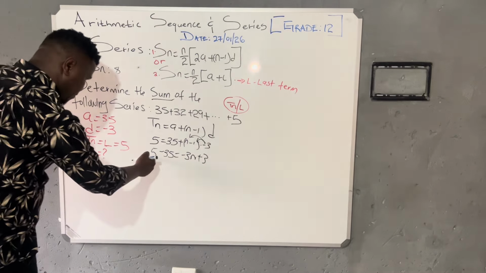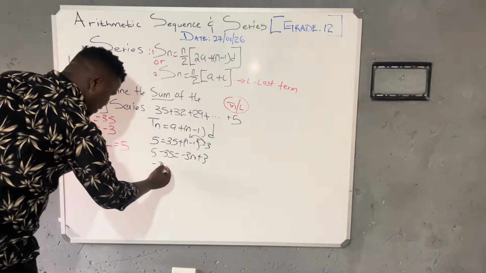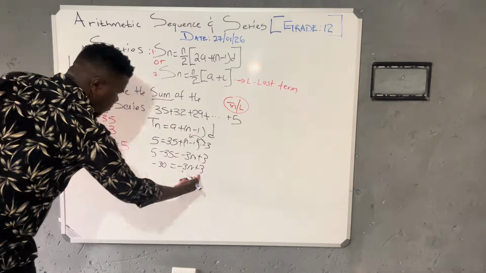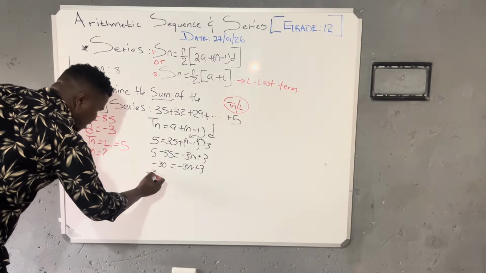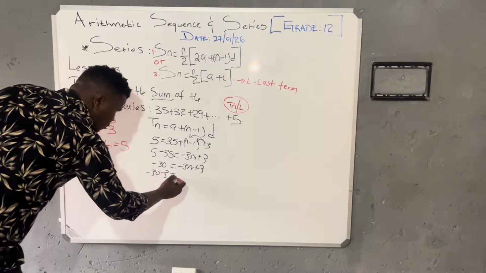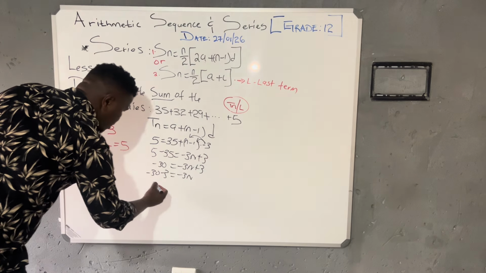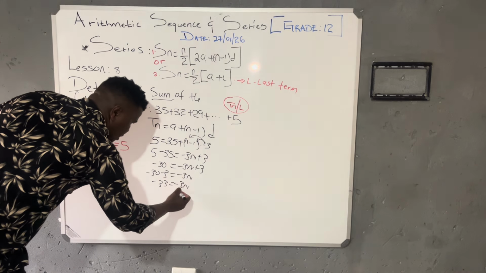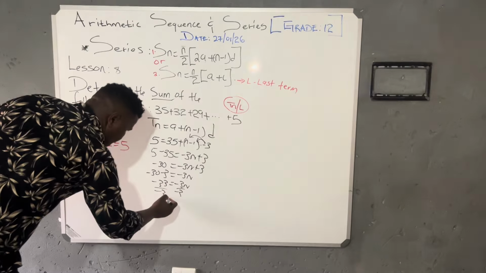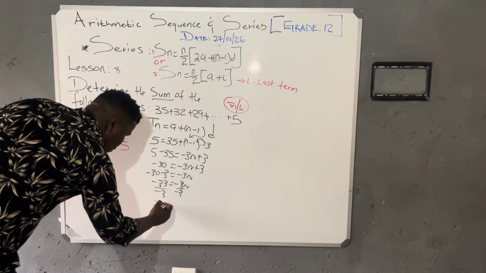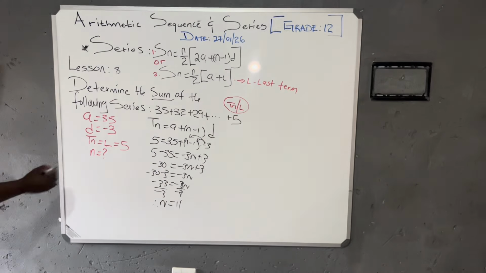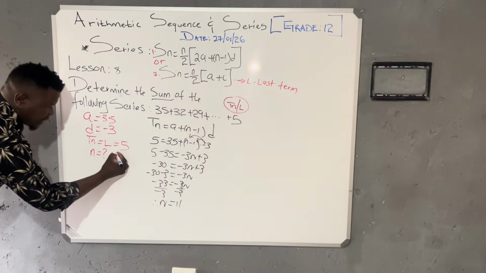So now I'm having 5 minus 35, that's going to be negative 30. Now transpose 3 again. So we've got negative 30 minus 3 is equivalent to minus 3n. These together give us negative 33. Then let's remove that. Therefore, we get n equals 11. Previously n was 10, now it is 11.